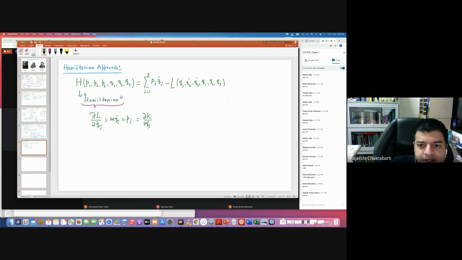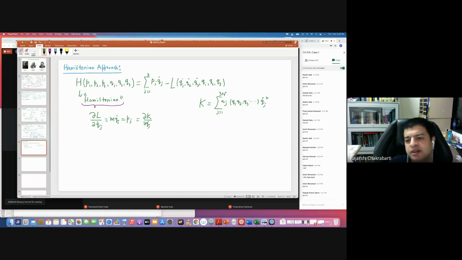Now let us generalize the kinetic energy. Rather than writing it as half m v square, let me write it like this: Aj, a function of q1, q2, q3 and so on, times qj dot square, where j goes from 1 to 3n.